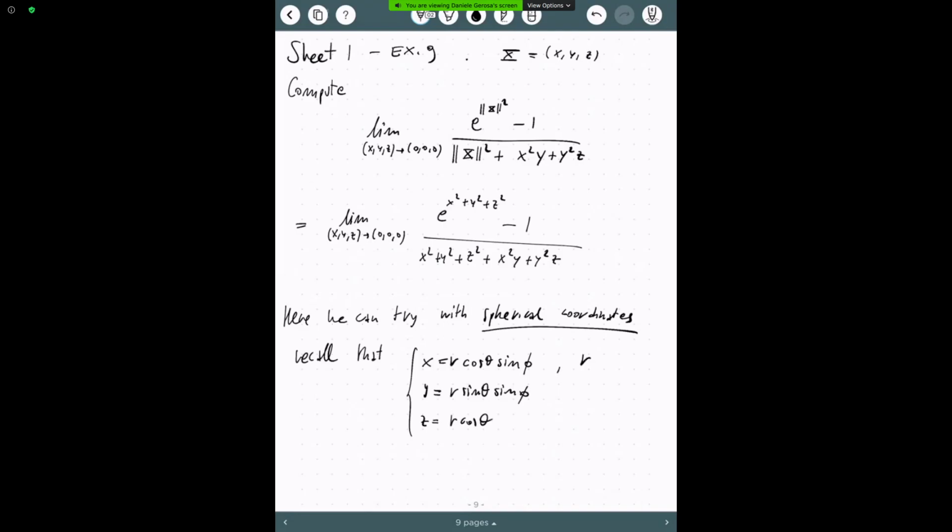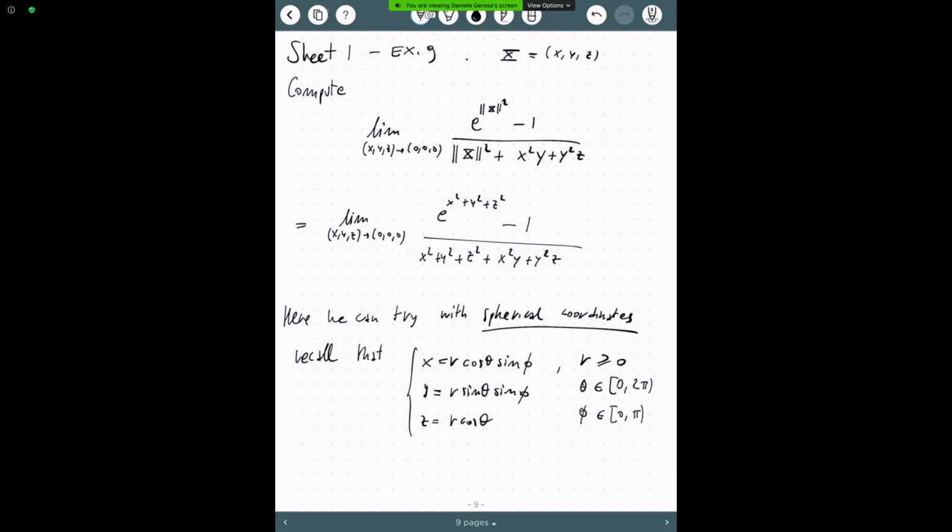And now you remember that r is greater or equal than 0, and theta belongs to the half open interval, and phi belongs to 0 to pi half open. Okay, so we want to use them to compute this limit.